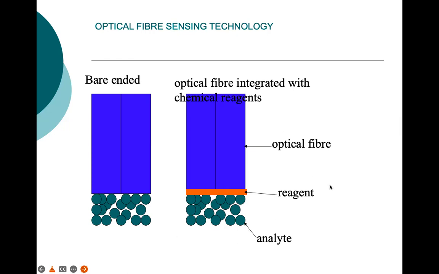So this is mainly the mechanism of optical sensor. You have interaction of analyte with the reagent on top of the optical fiber, and then changes in the signal will be detected by the detector.